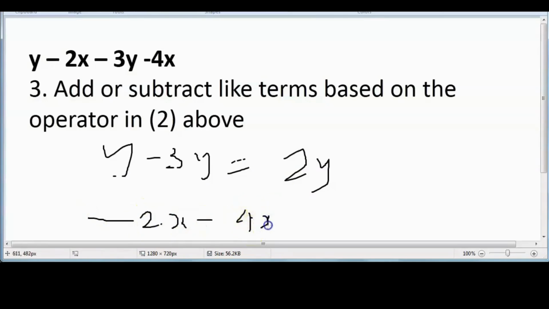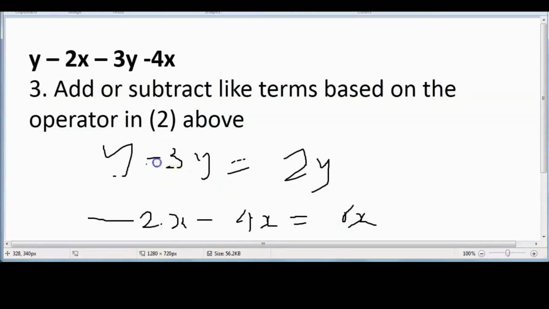For the x, we are performing an addition operation. If you add 2x to 4x, you get 6x. Similar to adding 2 oranges to 4 oranges, you get 6 oranges. So for the y, we have 2y, and for the x, we have 6x.